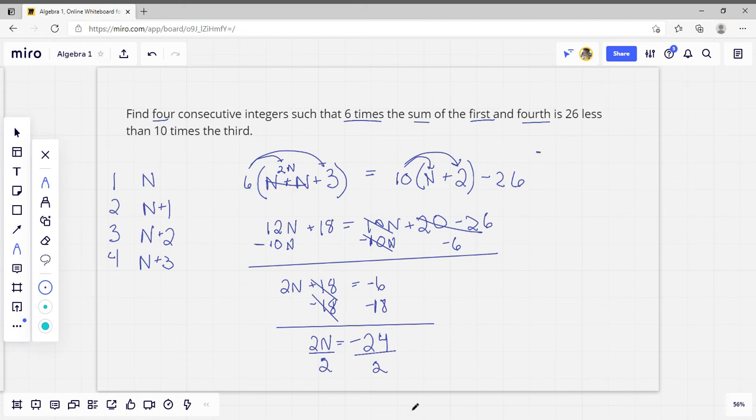Now here's where it gets a little tricky. If your number's negative, what will be negative 12 plus 1 to get our second number? If n equals negative 12 plus 1, that is going to equal negative 11.